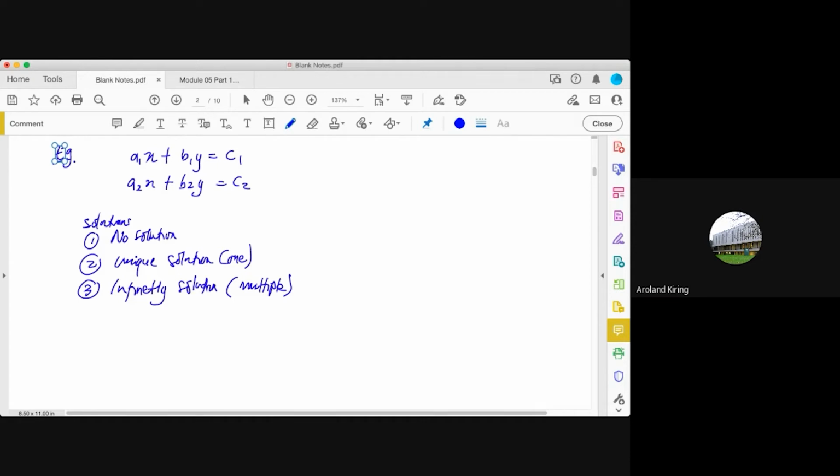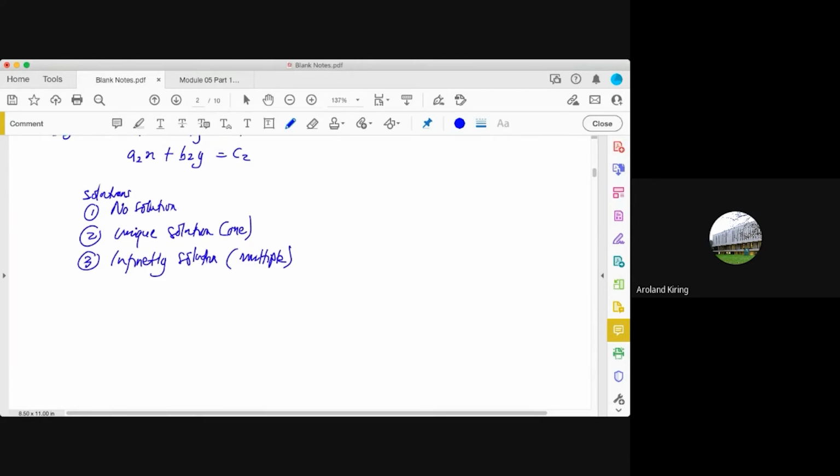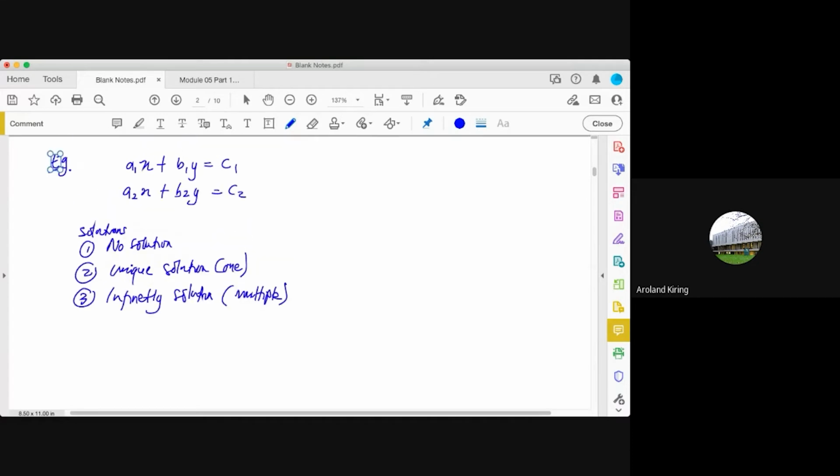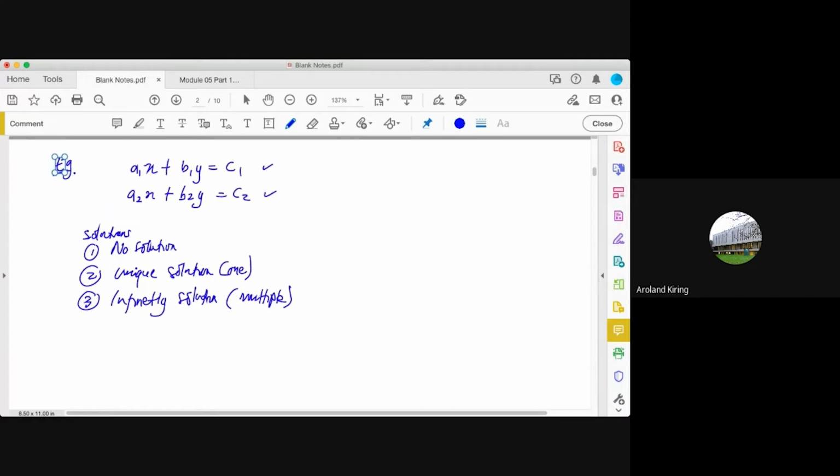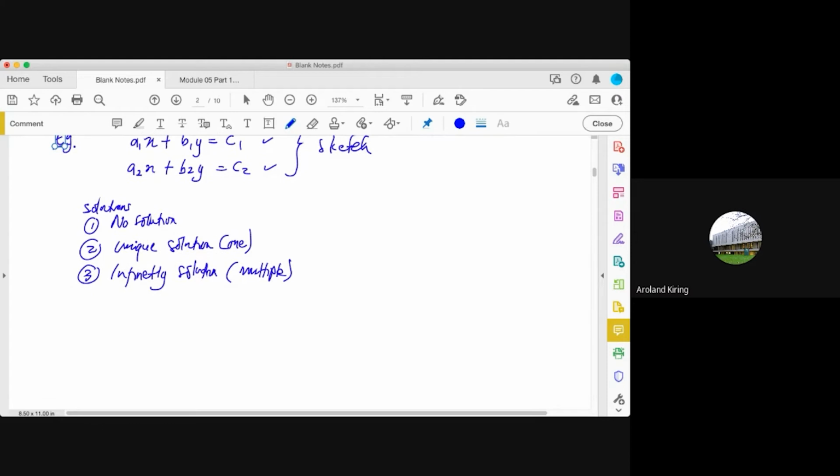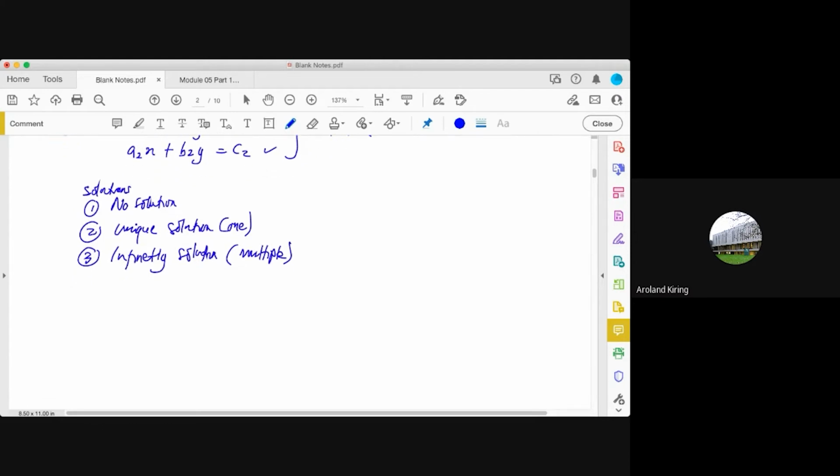If we have any equations, we can view them graphically. We can sketch this. For the case of no solution, let's say you have an x-axis and a y-axis.